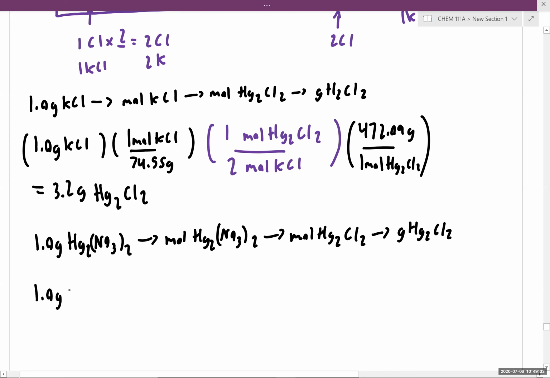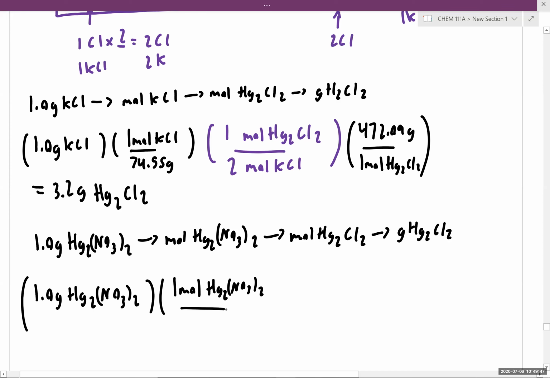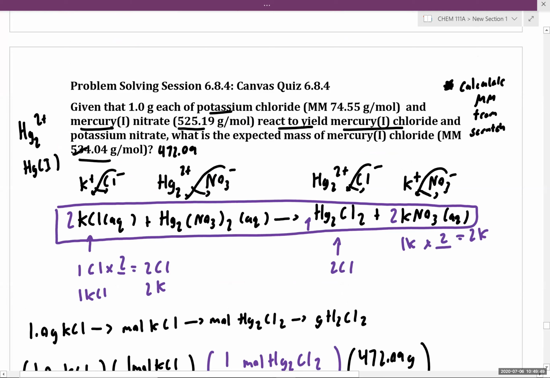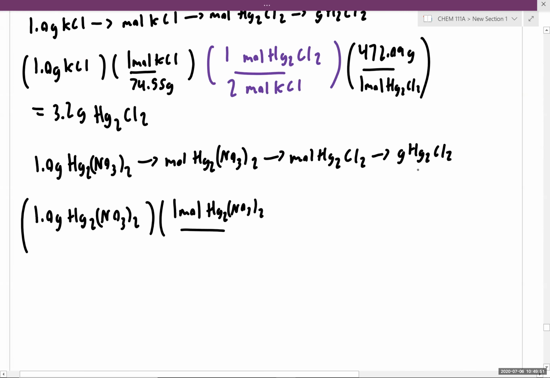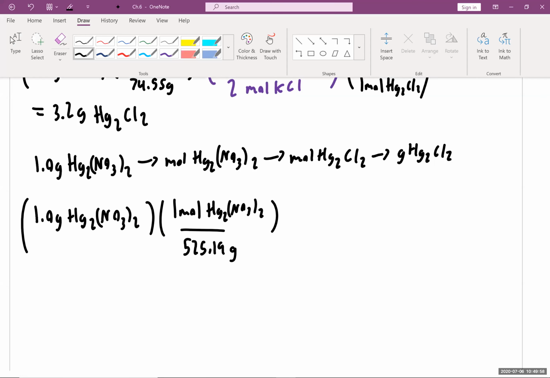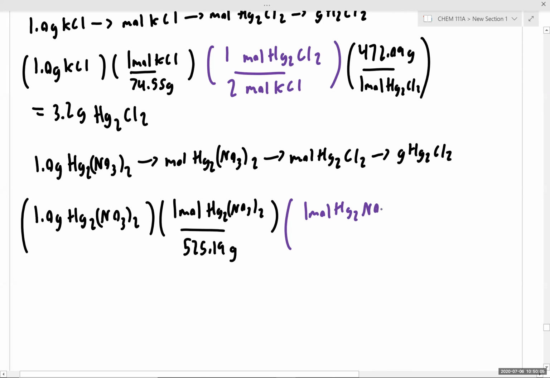So if we have 1.0 grams of mercury 1 nitrate, we know that in 1 mole of mercury 1 nitrate, let's look at our molar mass, we have 525.19 grams.